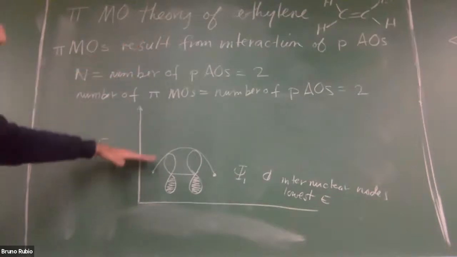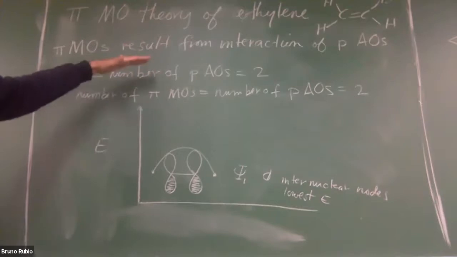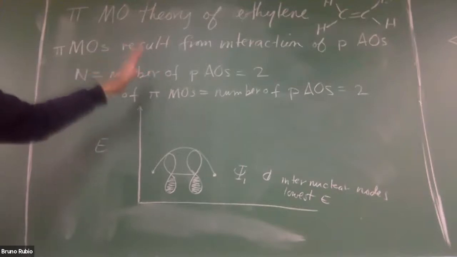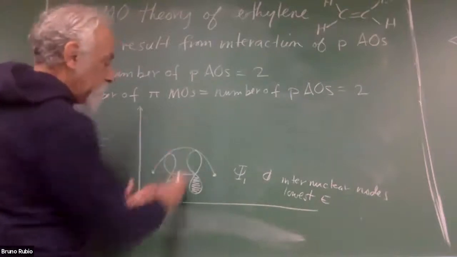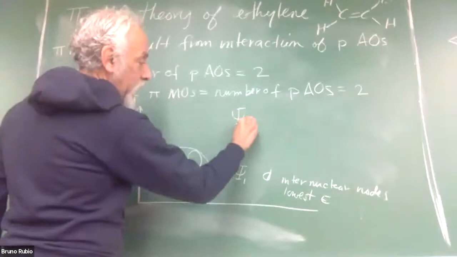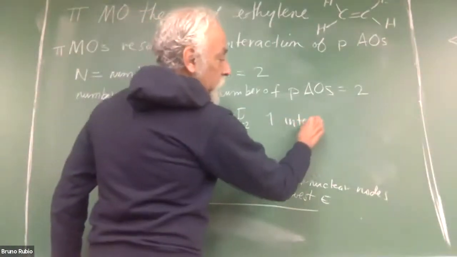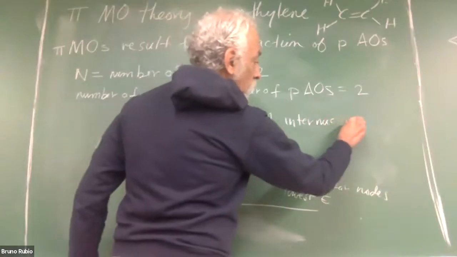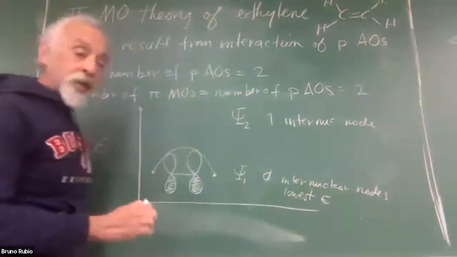Okay, and so now let's look at the next molecular orbital, the next higher molecular orbital, which is now going to have one node, one internuclear node. So I'm going to call that one psi 2. It's going to have one internuclear node, and it's going to be higher in energy.